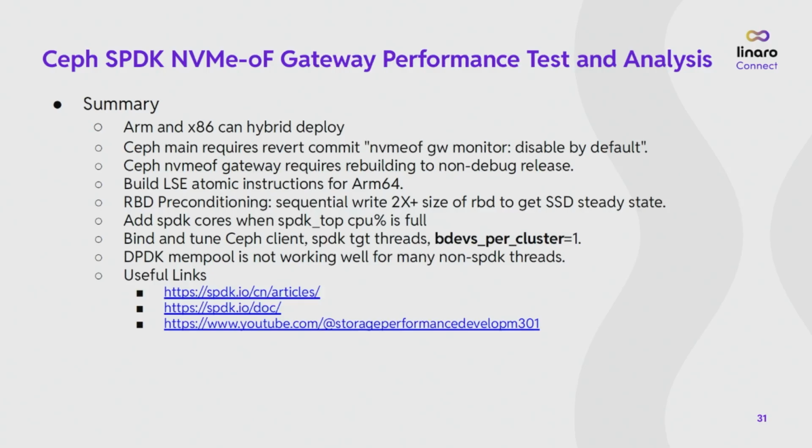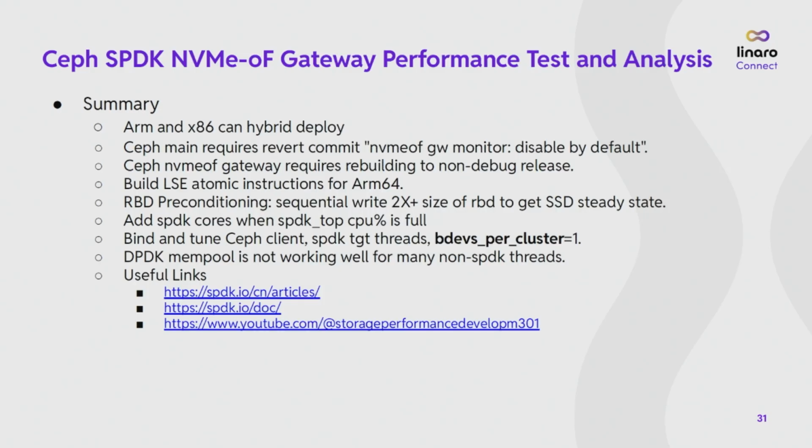And we need to build the software as a release version, and build the LSE atomic instructions for ARM64. Also, we need to fill the RBD disk to get a valid performance number.